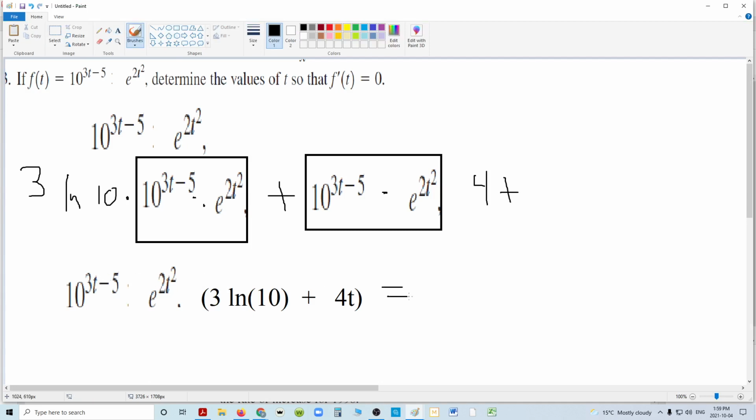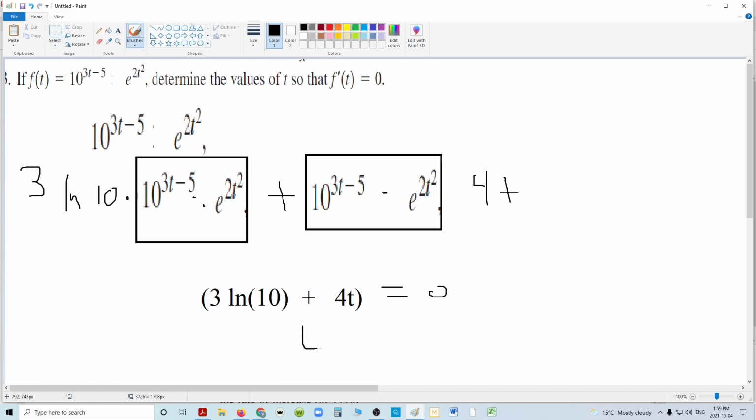Now if I set it to 0, it's a lot easier, because I simply divide both sides by this, because this is a multiplier into that. I can divide both sides by it. It's clear it disappears here and disappears here, and that's why it's easier to figure those out.